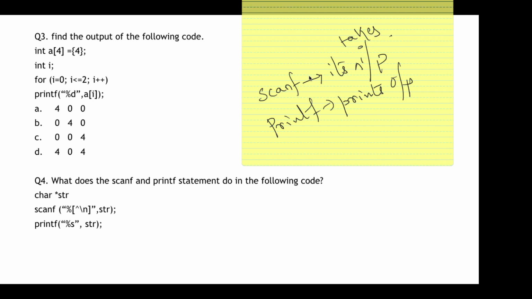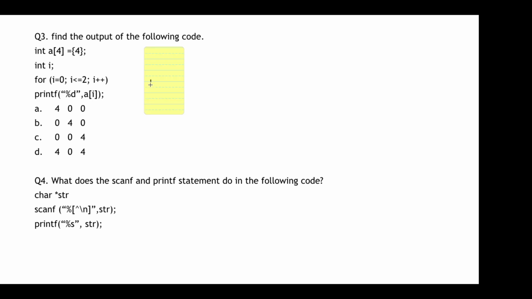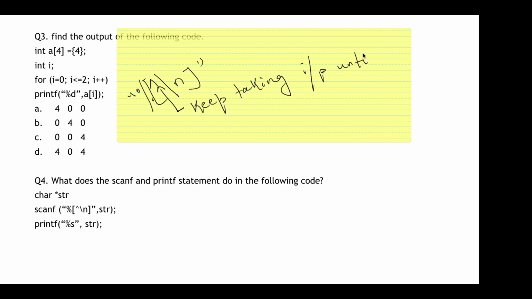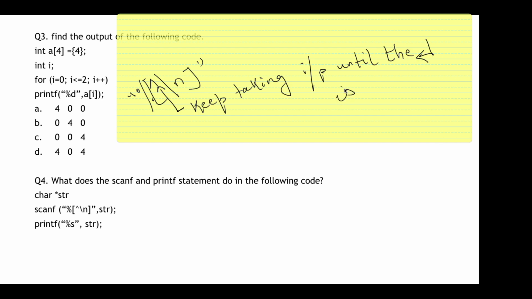Now in scanf it is saying this slash this. What does this mean? This one means you're going to take input until an enter is pressed. The string will keep taking input until enter is pressed.